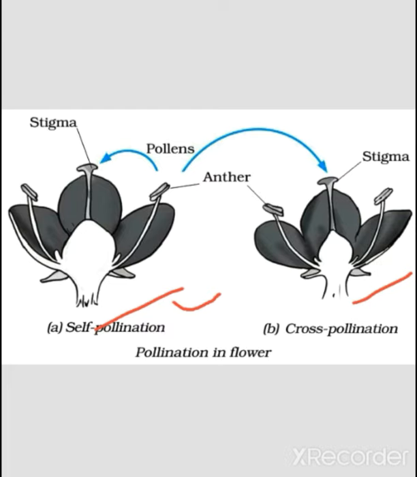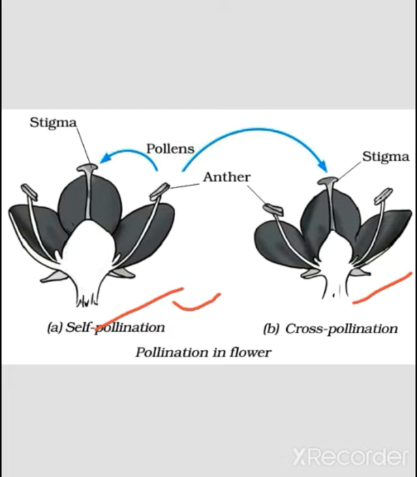In this method, the perfect flower or the intersexual flower, in which both male and female reproductive parts are present, is pollinated by its own pollen. Or we can say that its stigma is pollinated by its own anther. It is possible only when anther and stigma are close together.